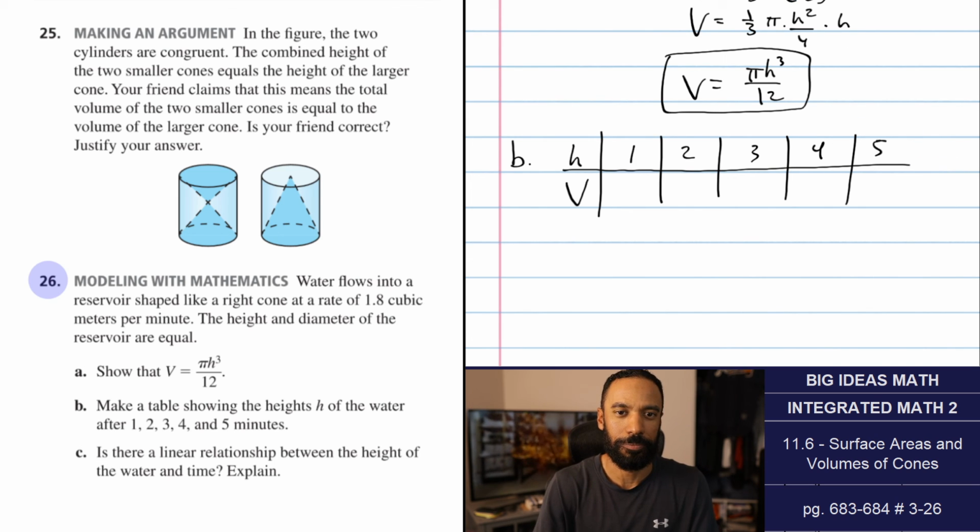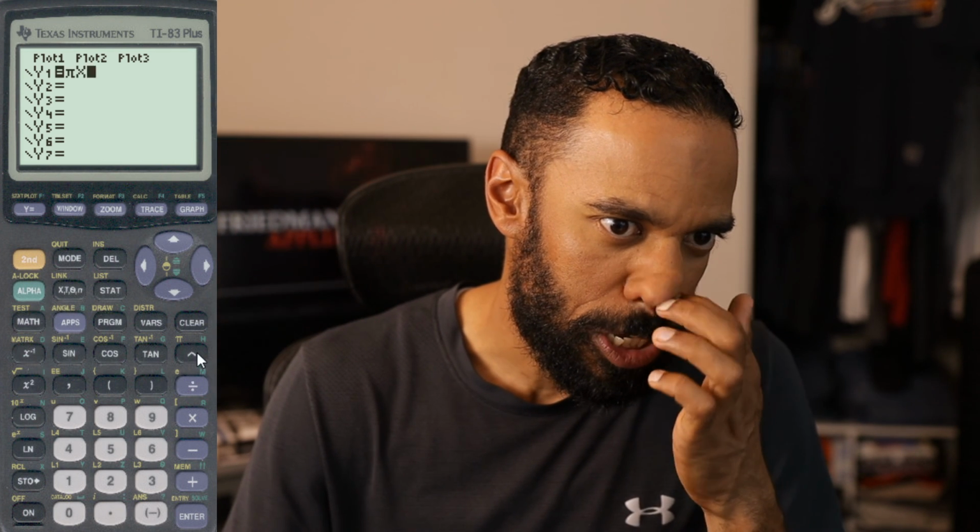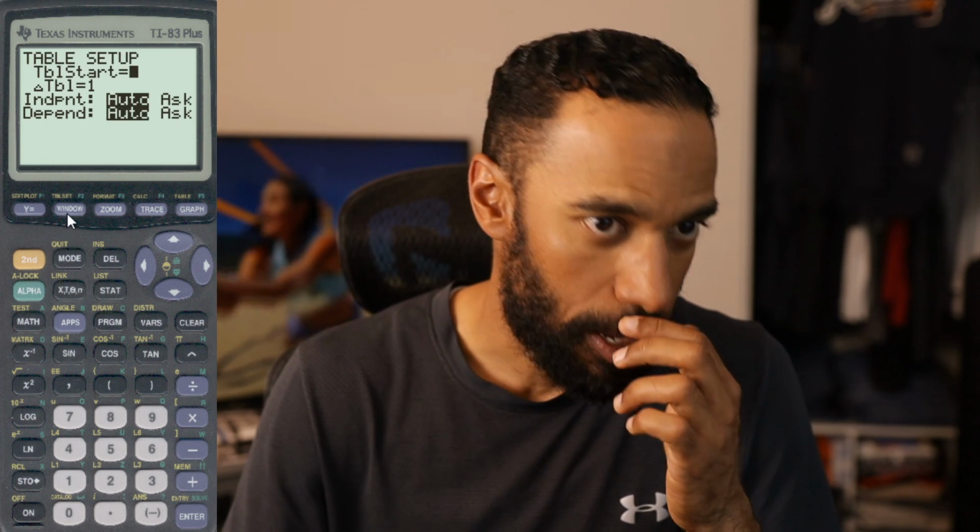So on a calculator, I'm going to go to y equals equation, and I'll do pi, and my h will have to be an x, pi h cubed divided by 12. And I'm going to substitute 1, 2, 3, 4, and 5 into here and see what those numbers are. So it's these 5 values I get here, 0.26, et cetera.